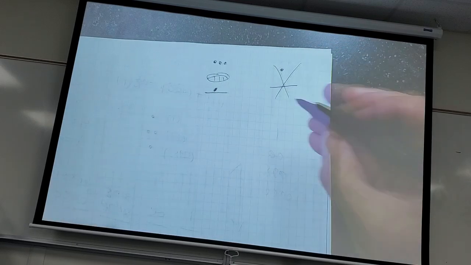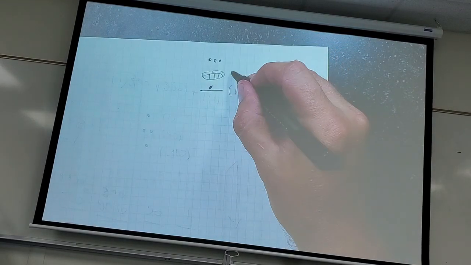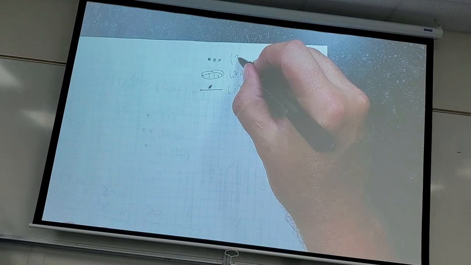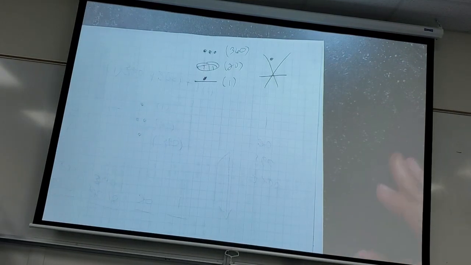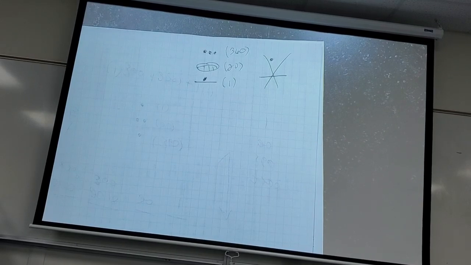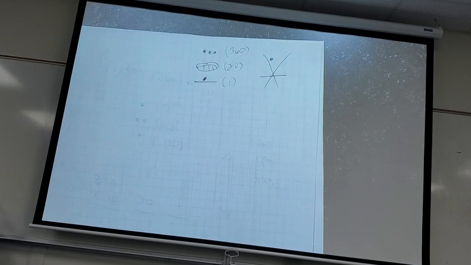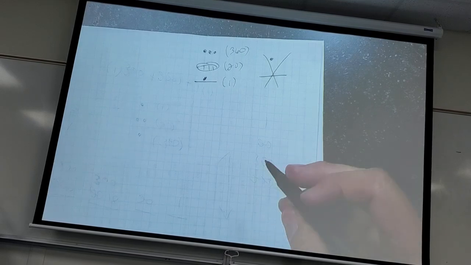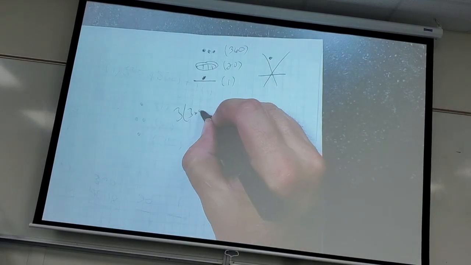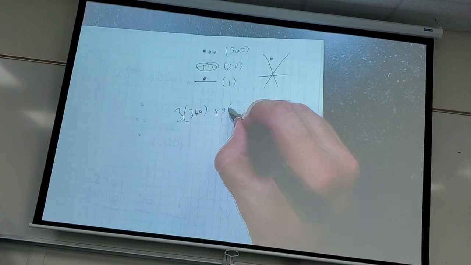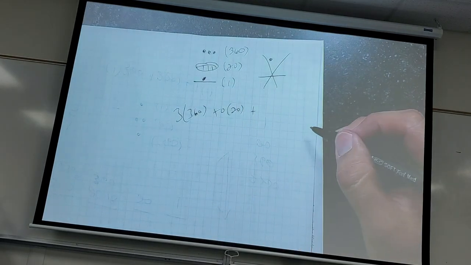So there's 3 places: the ones place, 20s, 360s, and then it's just a matter of how many 360s plus how many 20s plus how many ones. The math is the same, even though the symbols are vastly different. Place values. So it'll be 3 360s plus no 20s plus how many ones?